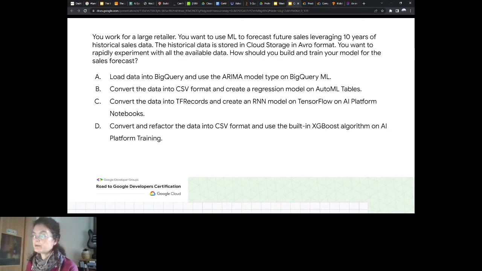Okay, you have 4 options. The first one is using BigQuery and building an ARIMA model on BigQuery ML. The second one says convert into CSV format and create a regression model in AI Platform.